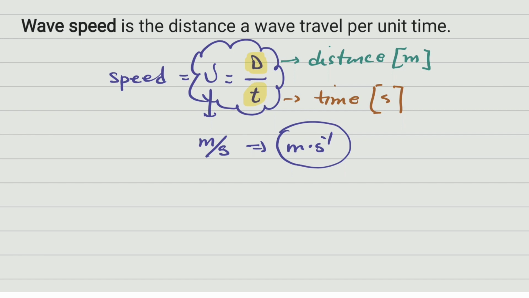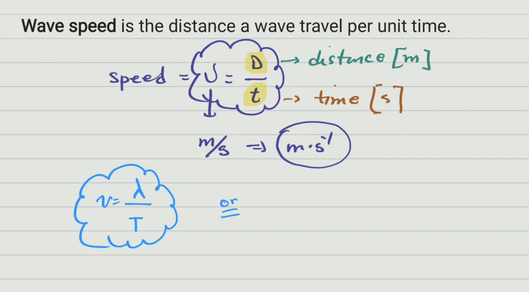So speed is equal to distance divided by time, but it can also be rearranged. For example, we can say that speed is also equal to, if the distance is wavelength, the time for one wavelength will be the period, so wavelength divided by period.